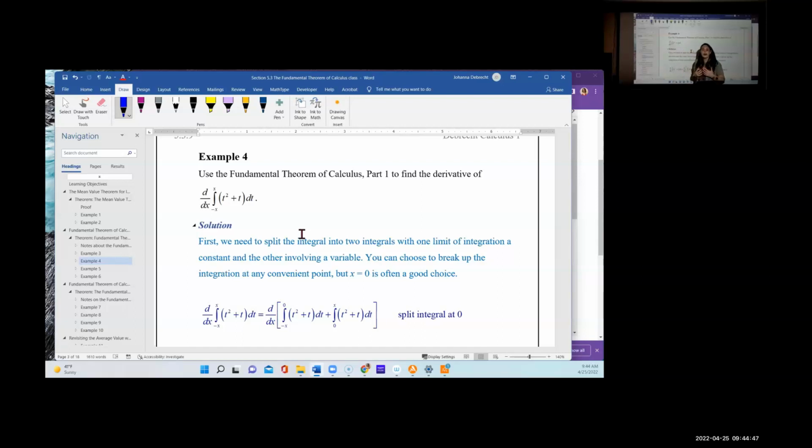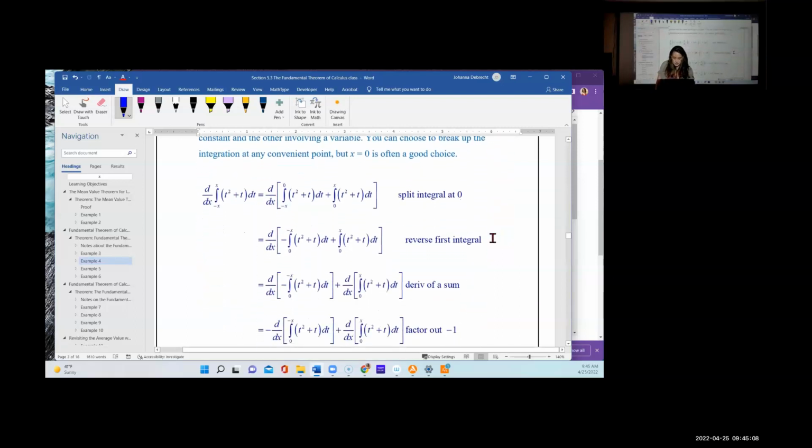We're going to use that property of integrals that says you can break it up at any convenient point. So I could break it at 5 or 4 or 1 or 32, but usually 0 is an obvious place to break things. So 0 provides a good place. So we're going to split the integral at 0.